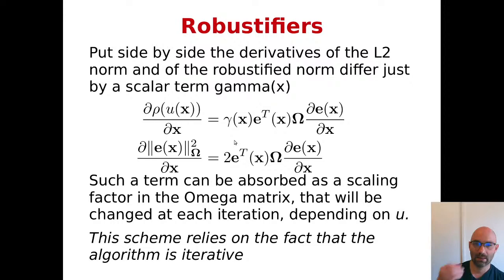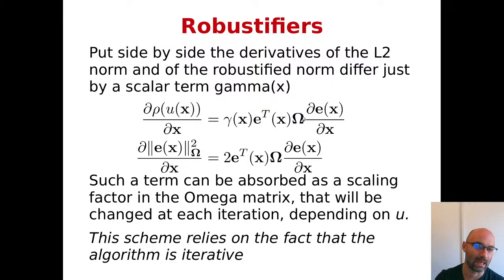But then we can come up with a variant of least squares, which is the so-called iteratively reweighted least squares, that at every iteration recalculates this gamma in order to conduct the optimization. And this gamma over here is a term that can be easily absorbed into omega, because if you take omega at one iteration and you multiply it by gamma, then basically the two derivatives are the same, or have the same form.